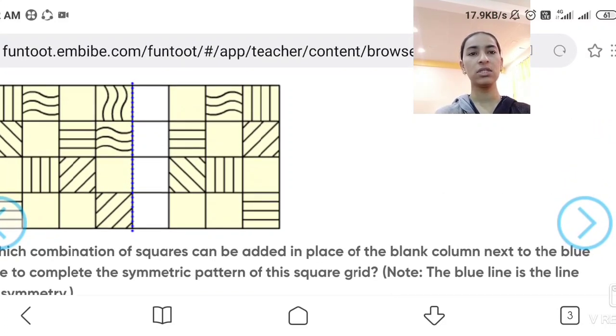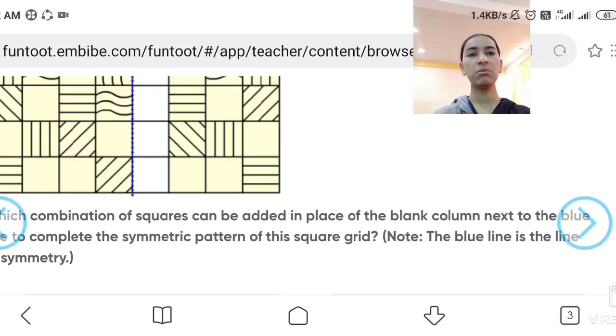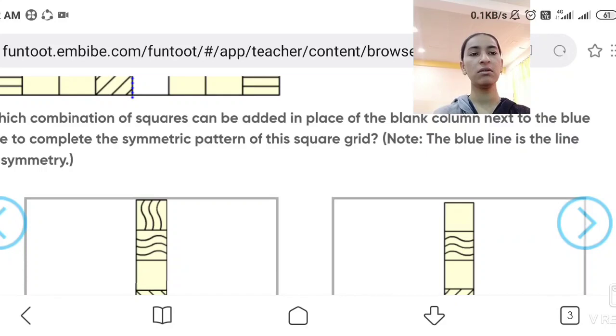Now a dotted line is given. Which combination of squares can be added in place of the blank? You can see on the right side of that line, a blank is there, we have to complete that. See the left side, how it is. See the similar figure in the options. Which column is similar?